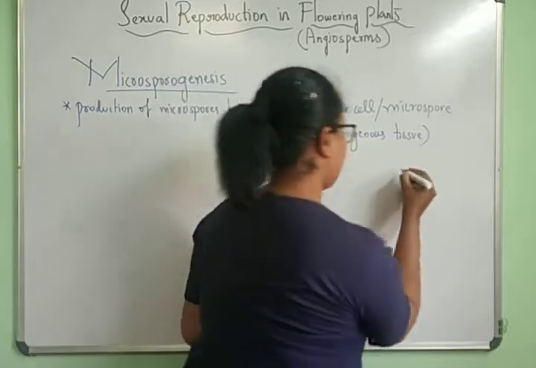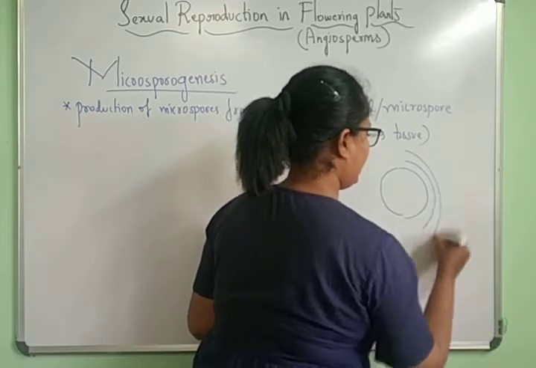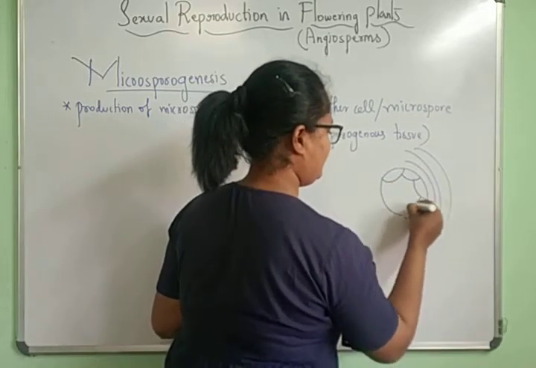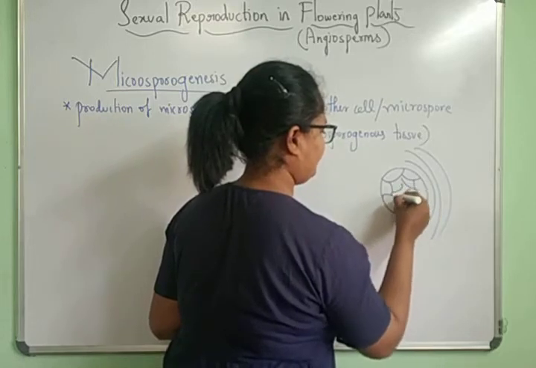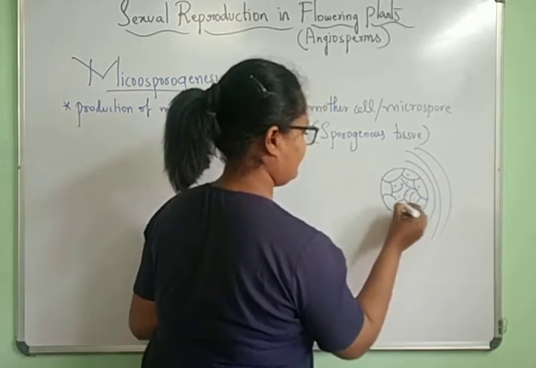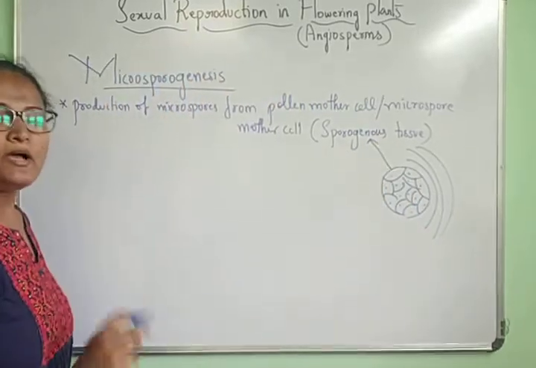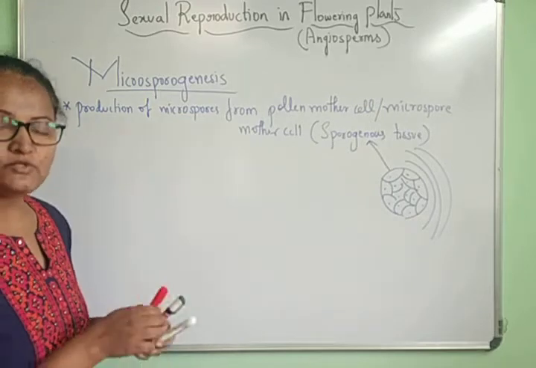So maybe you have remembered the sporangium structure with the multiple layers, where they contain the sporogenous tissue like this, which is made up of pollen mother cells or microspore mother cells. What happens?